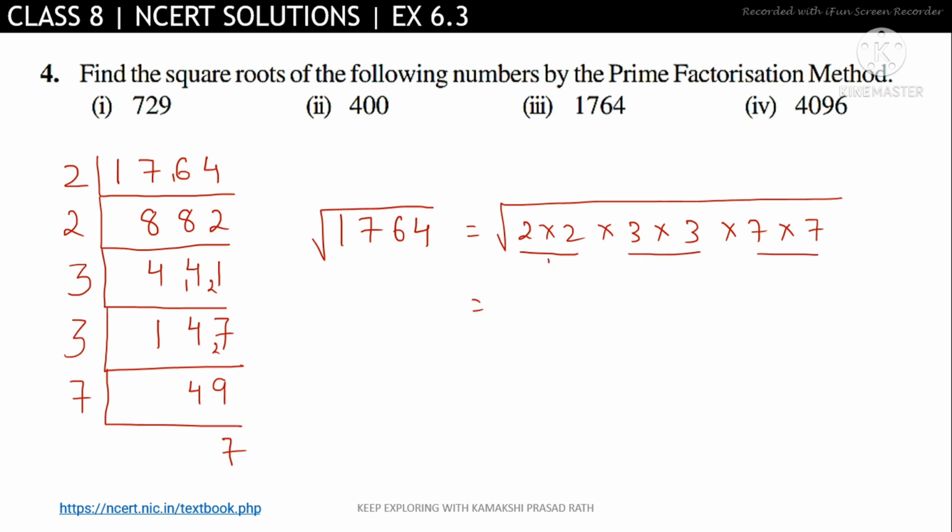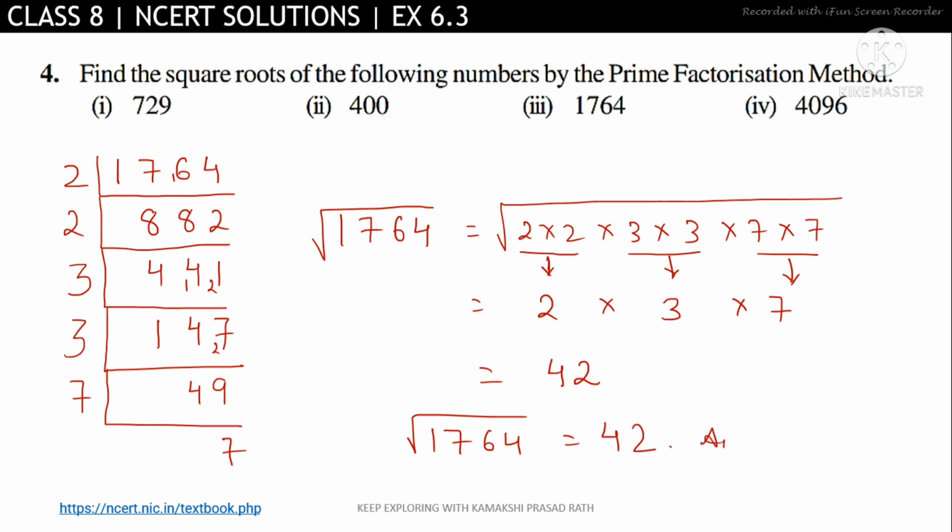From each pair one prime factor we will take out. So 2, then 3, and then we have 7. When we multiply all of them we get 2 3s are 6 and 6 7s are 42. Hence we can say the square root of 1764 is nothing but 42. So that's the required answer.